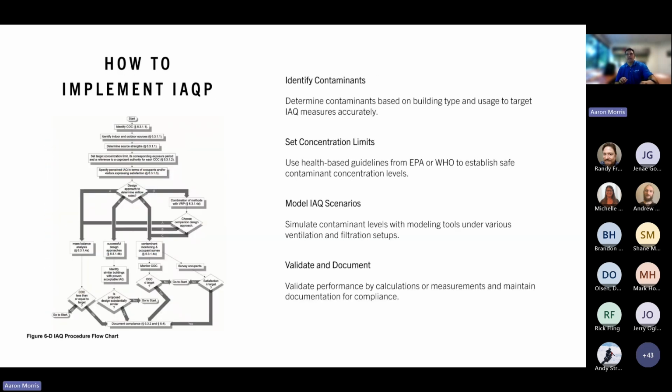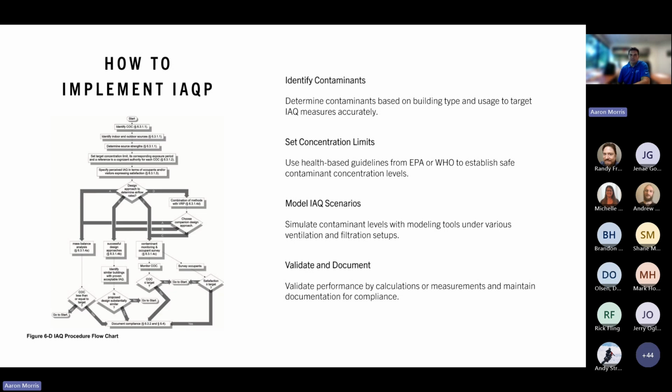When we look at how to implement IAQP, you have to look at the usage of your building. So, a lot of buildings are different. I guess you wouldn't treat a gym the same as you would treat, say, a data center. A data center is an interesting example where you have a large square footage of area, but very low occupancy.